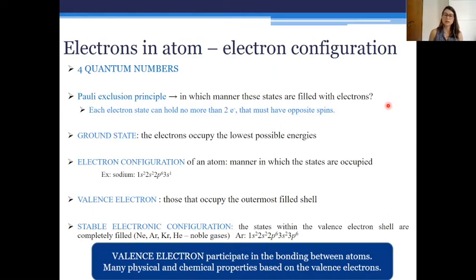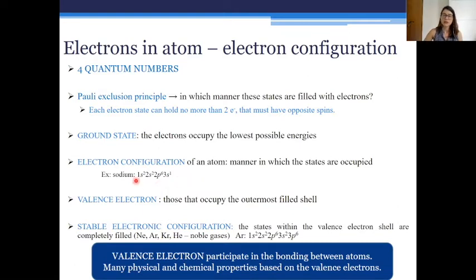So the electron configuration of an atom is a manner in which the states are occupied. And another way to write this electron configuration, instead of representing this graphic with increasing energy, we will also use this way of writing. So 1s2, 2s2, 2p6, 3s1.